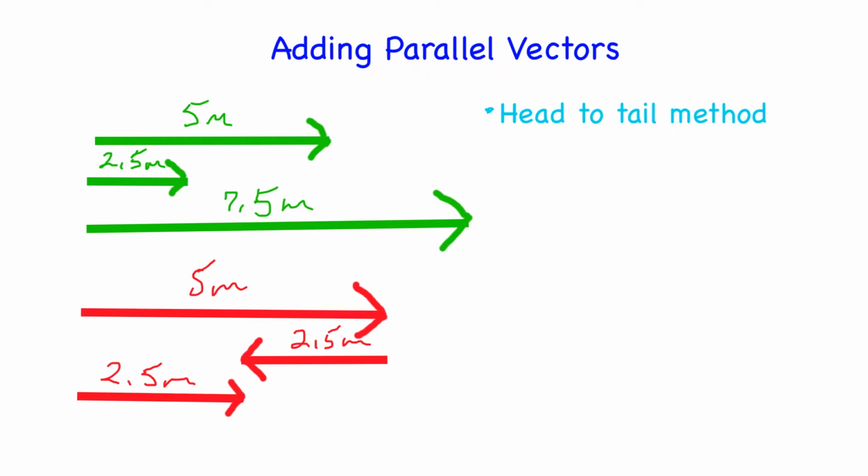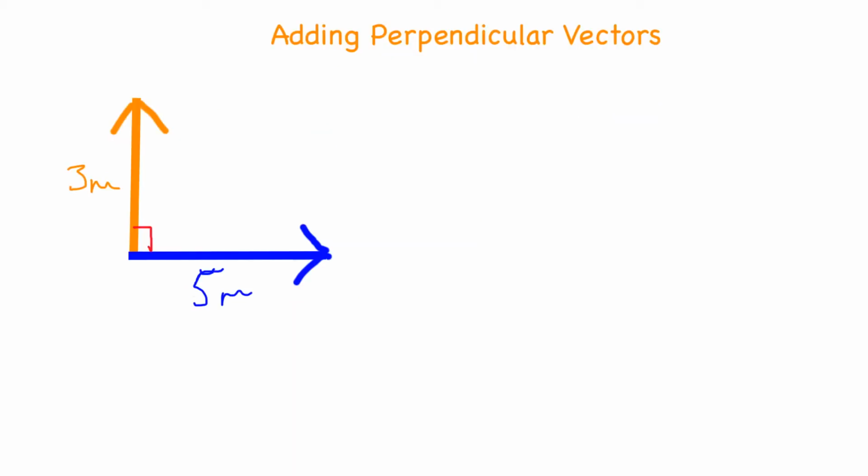Let's see what happens when they're perpendicular. Here we have two vectors that are perpendicular to each other. Okay? If we want to add those, we're still going to use the head-to-tail method. Notice right now they are tail-to-tail. So we need to move the vectors.